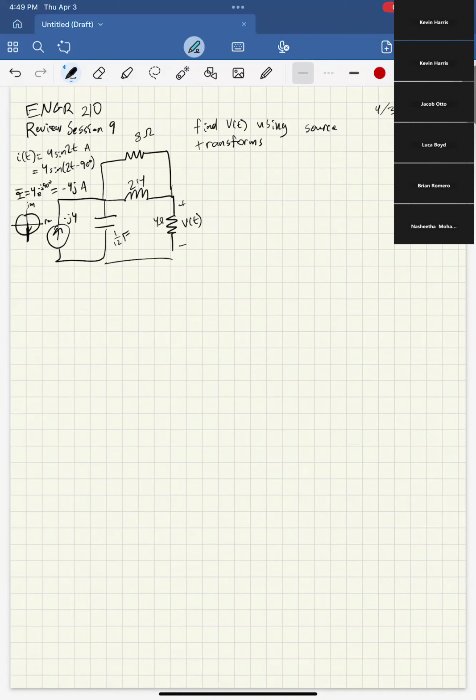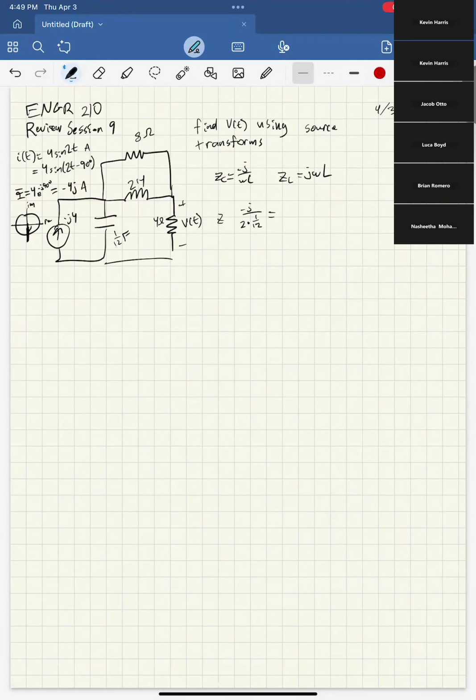And for the rest of these, hopefully you all know that the Z of a capacitor is negative j over omega C, and the Z of an inductor is j omega L. So for the capacitor, we get negative j over 2 times 1/12. So that's negative j over 1/6.